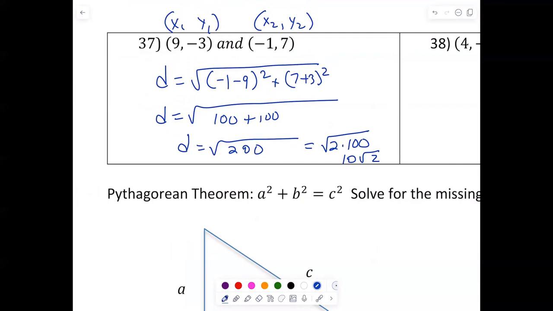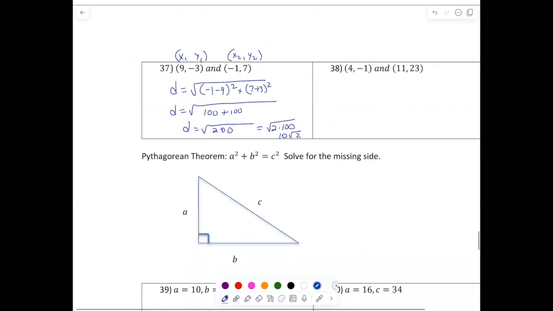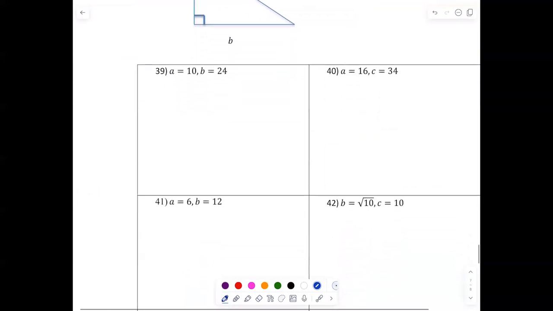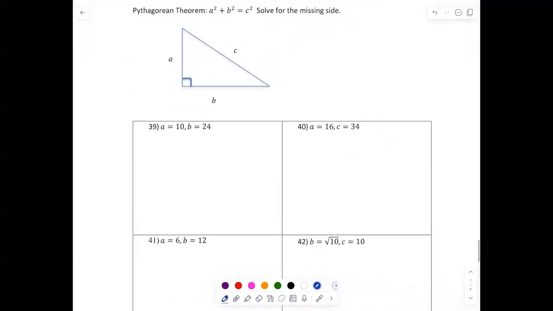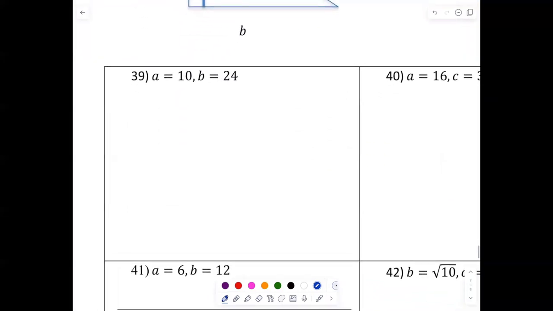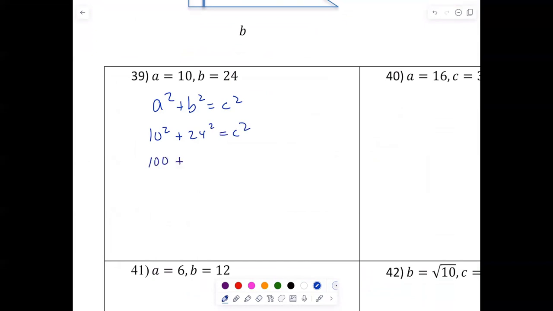Everybody's good? All right, let's knock out Pythagorean theorem. A squared plus b squared equals c squared, right? A squared plus b squared equals c squared. 10 squared plus 24 squared equals c squared. 100 plus 576 equals c squared. 676 equals c squared.